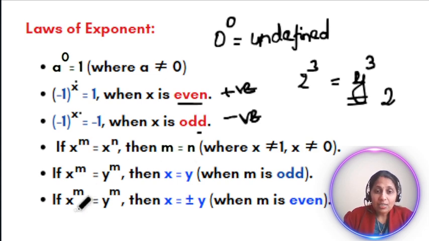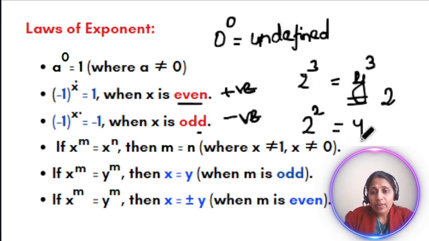And similarly, x to the power of m will be equal to y to the power of m when m is even, then the answer will be x equal to both plus or minus y. How do I say this? Say for example, 2 to the power of 2 will be equal to y to the power of 2. They are asking you to find y.